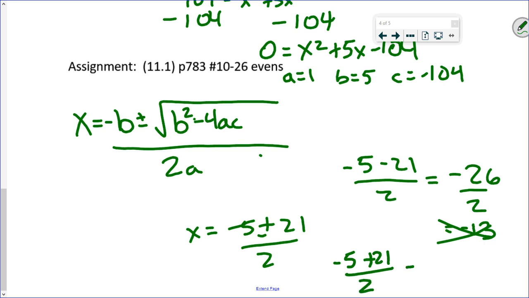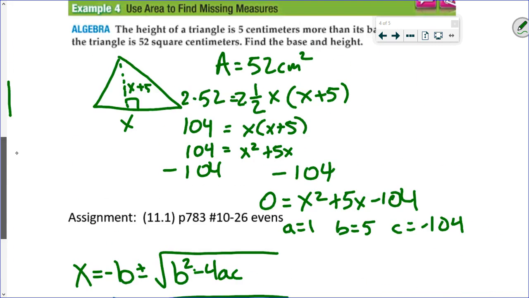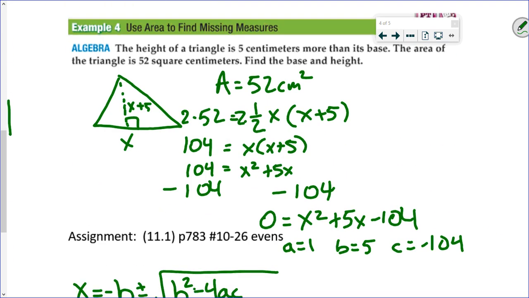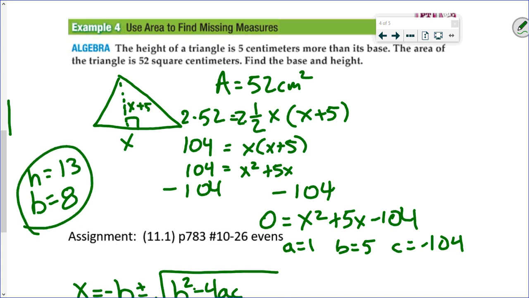Negative 5 plus 21 is 16, over 2, so you've got 8. So 8 is x. You go back up here. So x, your base, is 8, your height is x plus 5, which is 13. Those are your answers. Oh, units, I suppose. Sorry, centimeters. Centimeters. There you are. All right, so fun problem there.